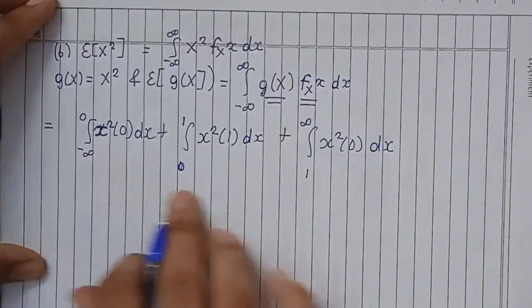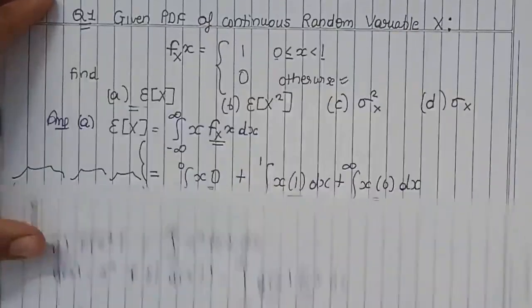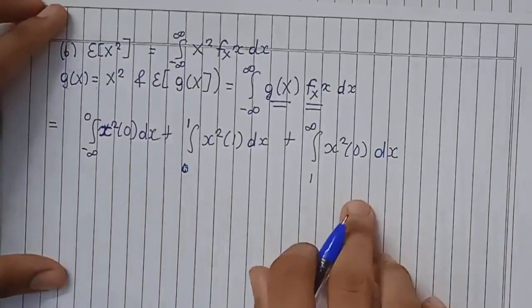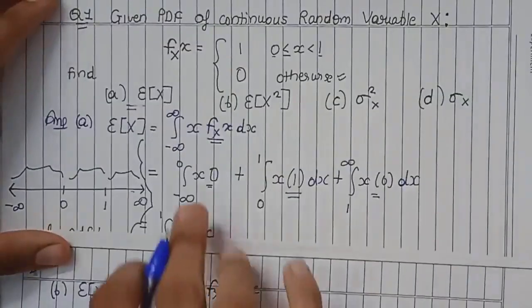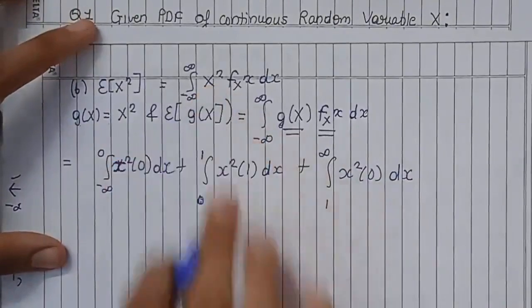Here I have just broken this integral in three parts like we have done in the previous A part. So this should be clear to you. The only difference is that in place of random variable x, I have just put its function x square.